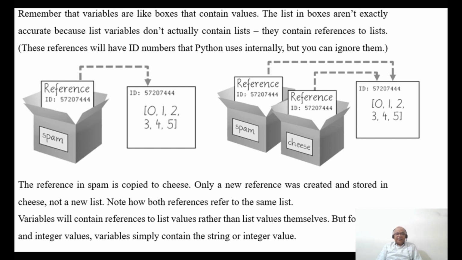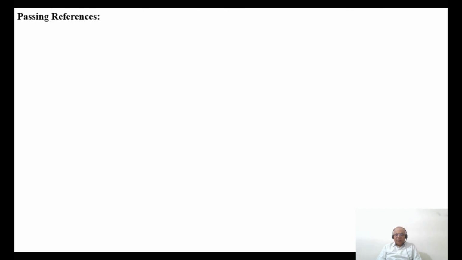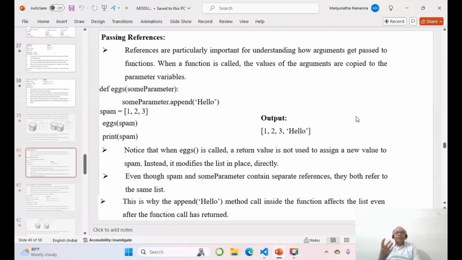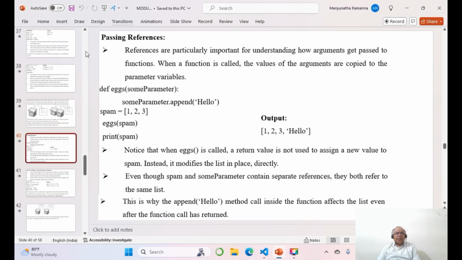Variables will contain references to list values rather than the list values themselves. But for strings and integer values, variables simply contain the string or integer value. This is how you can explain how copying works for lists in a Python program.